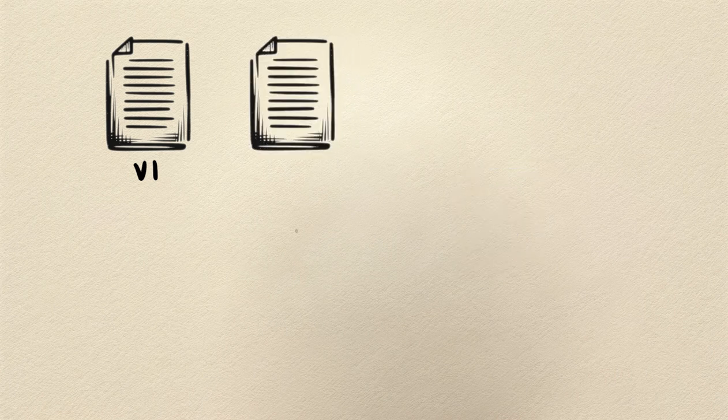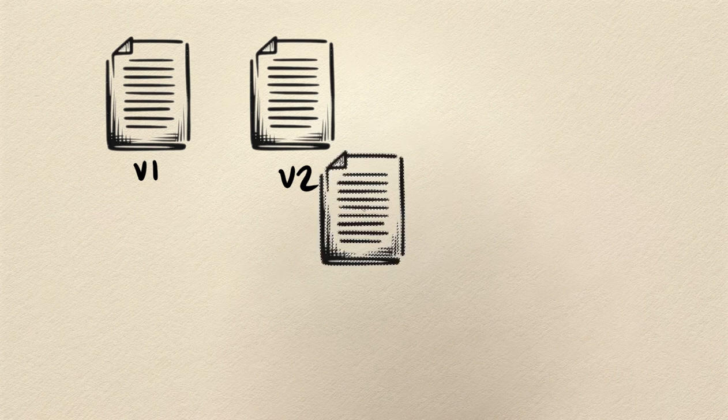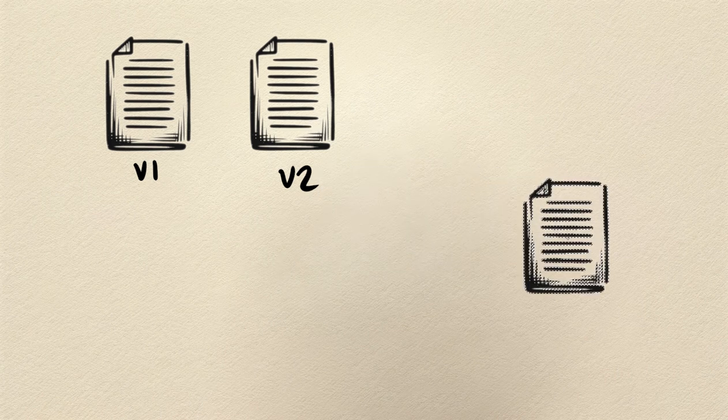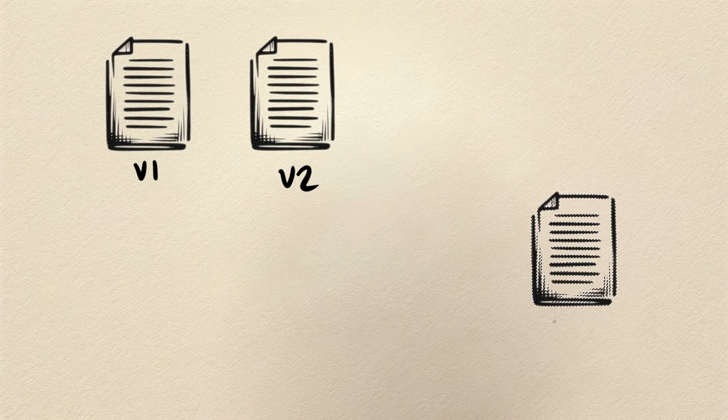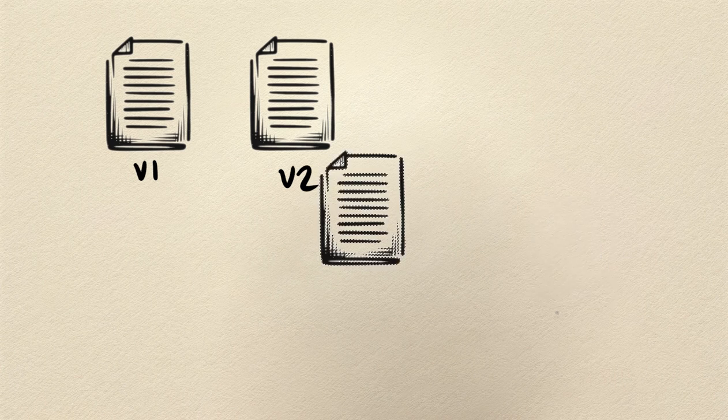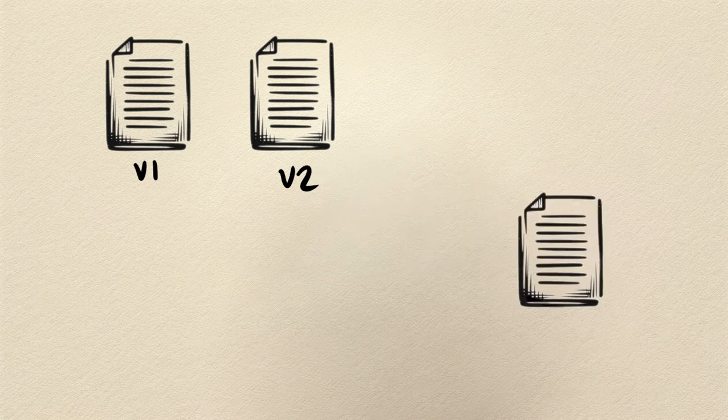Then you get version 2, and then you get version 3. So this is version 3 here. Let's keep that scenario, but let's say that now you have multiple versions. So what happens? You work on this, you get stuck.